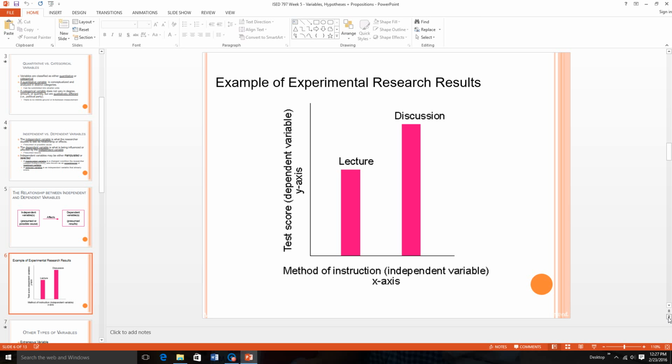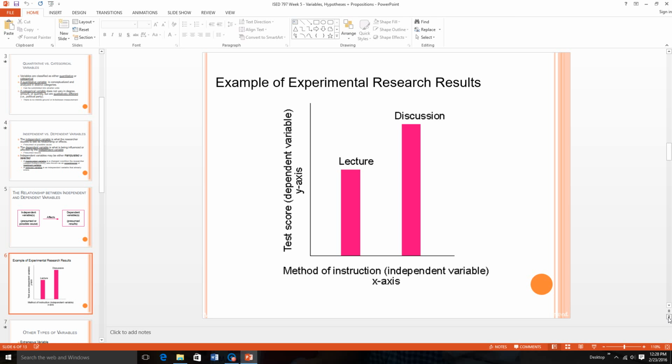And in the second case, the professor has opted to use a more student-centered approach by using discussion much more frequently. At the end of the semester, the professor, who is also the researcher, administers a 100-point multiple choice exam, and it looks like the discussion section has outperformed quite significantly the lecture group on this end of semester exam.